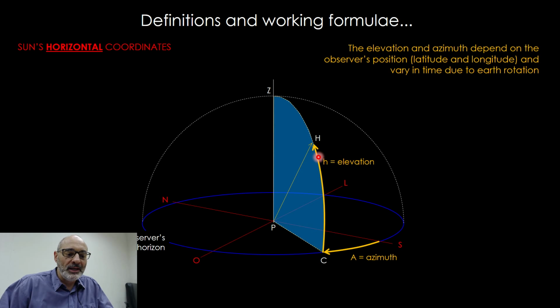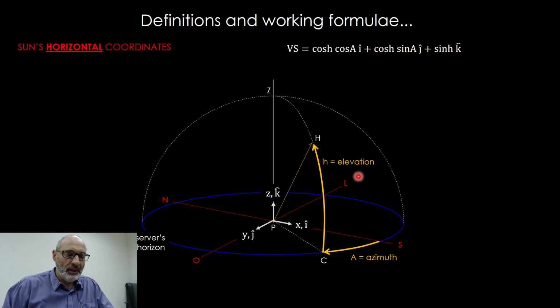Those are simply definitions. The problem is that in a given position on the globe, it's much simpler to work with azimuth and elevation, but all other variables are easier to express in terms of equatorial coordinates.